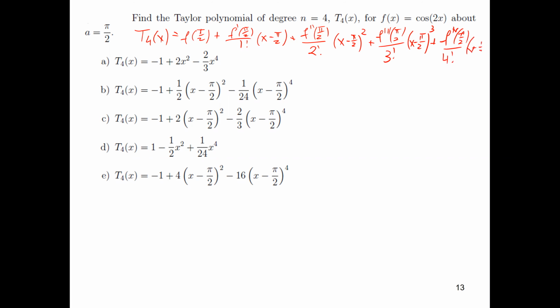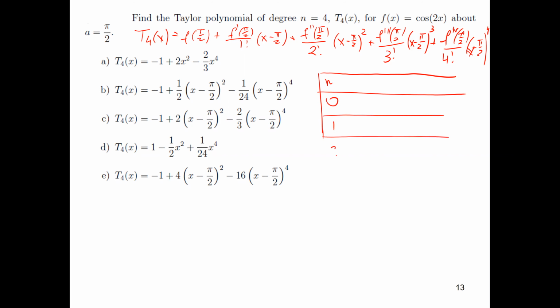So we simply have to find all of the values, and I will build the table, you remember. This will be the degree: 0, 1, 2, 3, and 4.